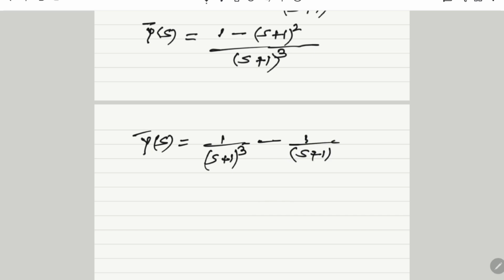Next step, take inverse Laplace on both sides. Therefore, inverse Laplace of the left hand side, inverse Laplace of the right hand side terms. Inverse of the left hand side is y of t.